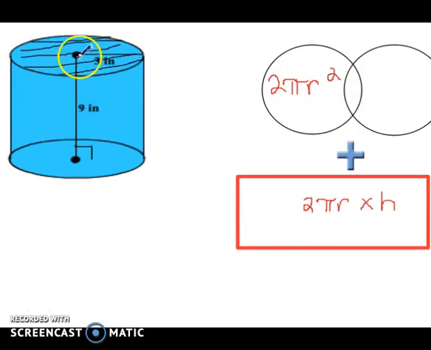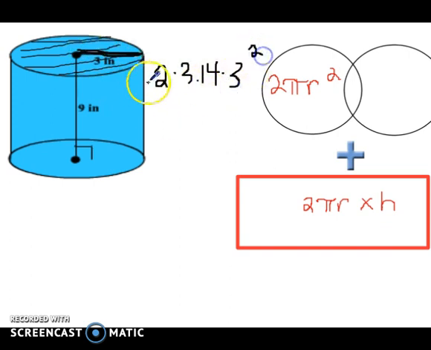Our radius is 3, and we also know pi is 3.14 as an estimate. So I am going to put all of my numbers in: 2 times 3.14 times the radius, which is 3, squared. Remember, a radius goes from the center of a circle to the outside of the circle.